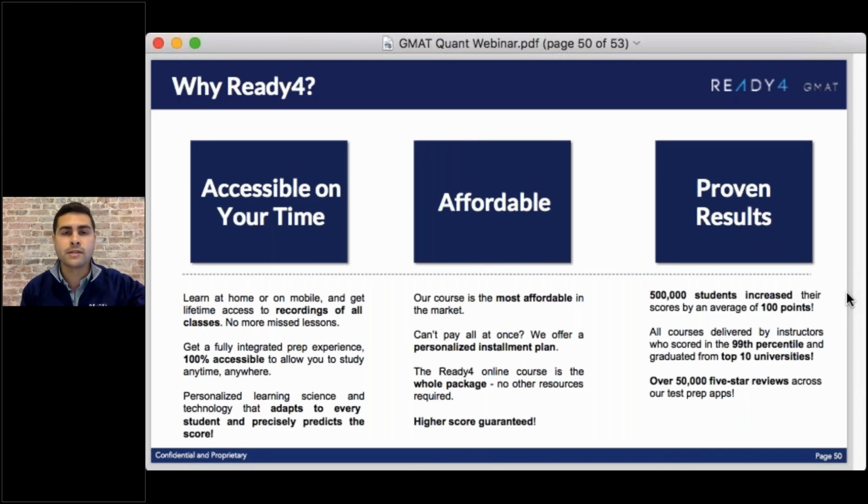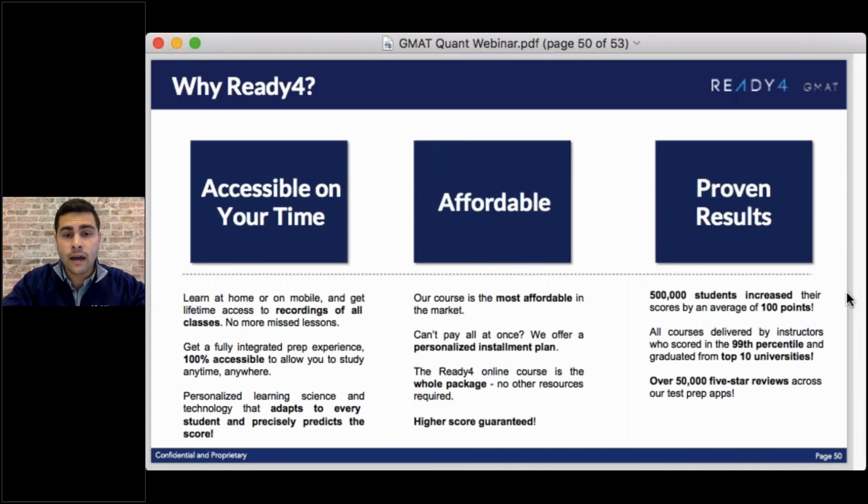We embrace digital technology here at Ready For better than any other company, allowing you to learn wherever, whenever. We're leveraging all of the data that we have in-house. We have millions of hours of data based on students studying using our apps, and that enables you to prepare the best way for you with our learning algorithm. We're making sure that you're focusing on the concepts that you're struggling with most.